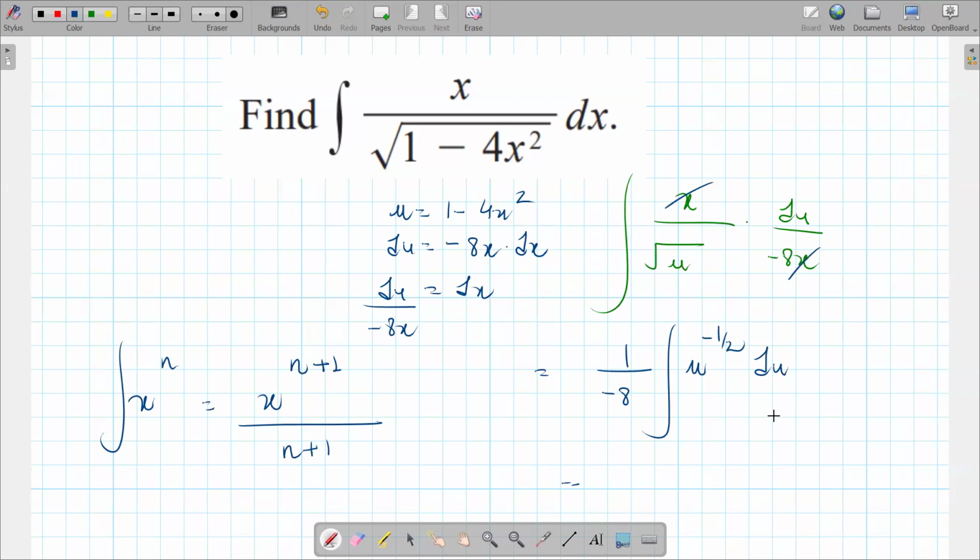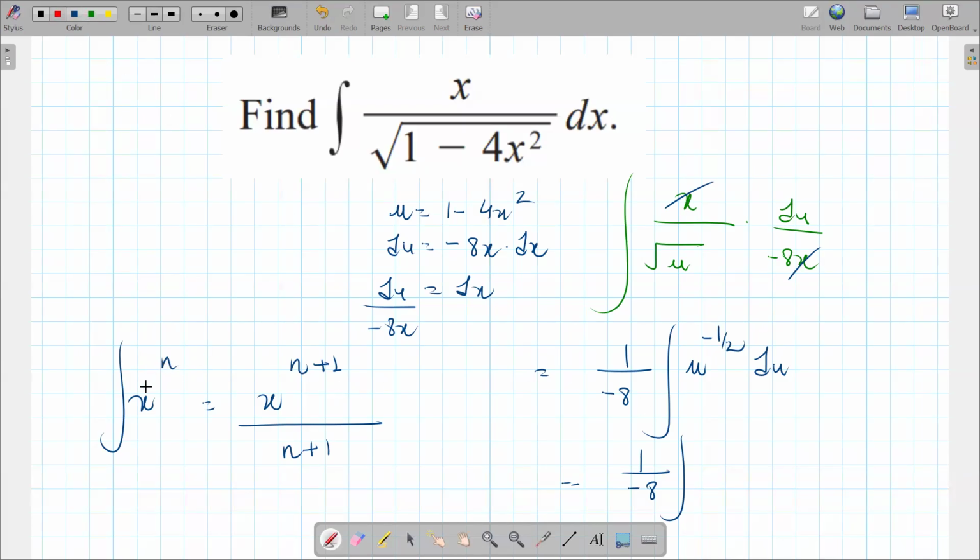So what's the integral of u to the minus 1 over 2? You add 1 to negative 1 over 2, which gives you what? See, it's not that difficult, right?